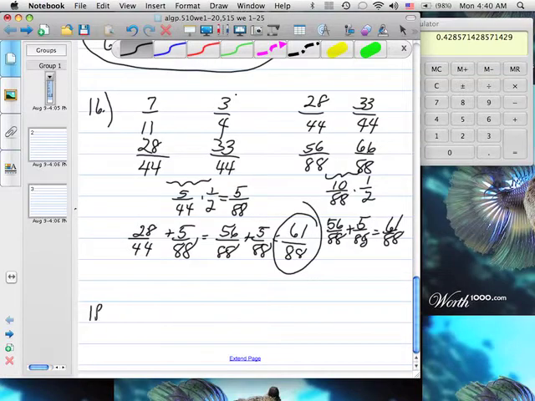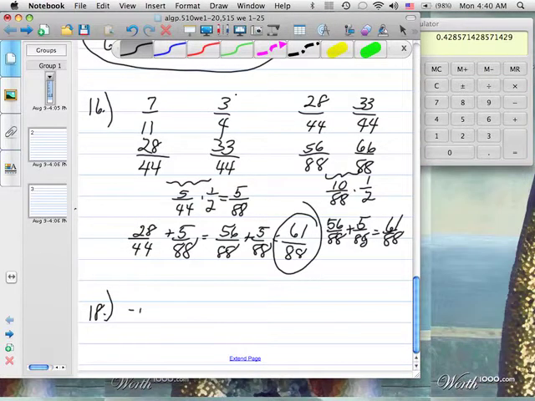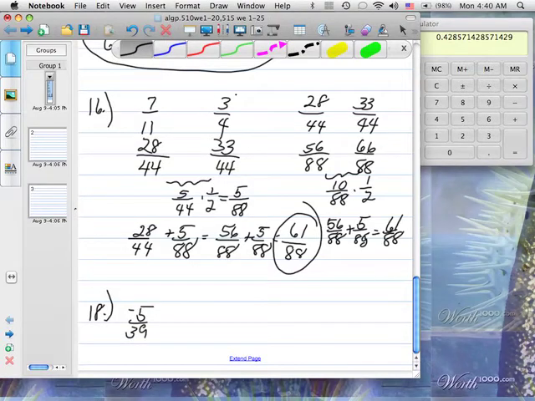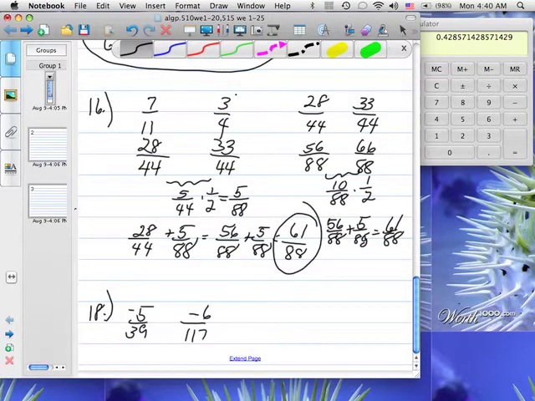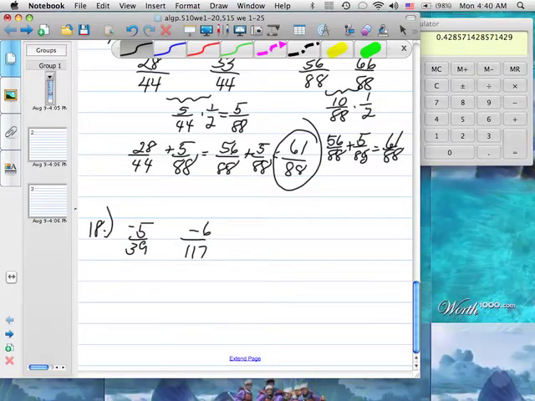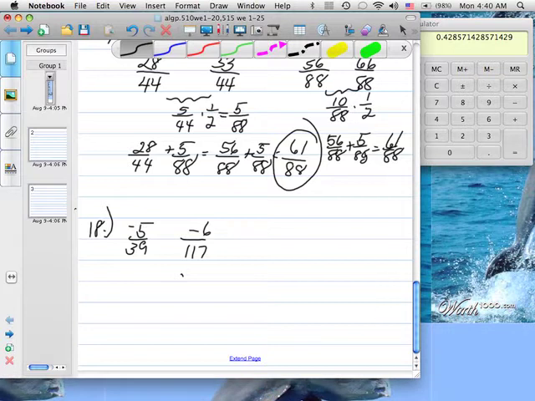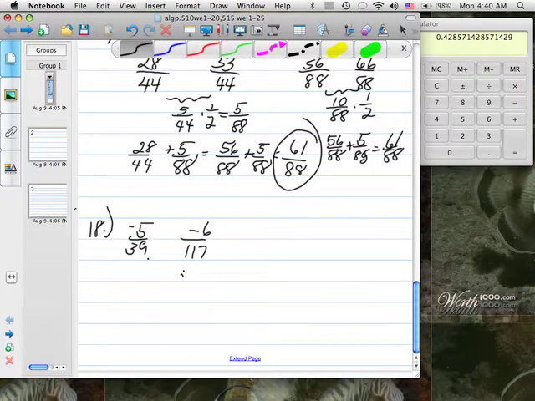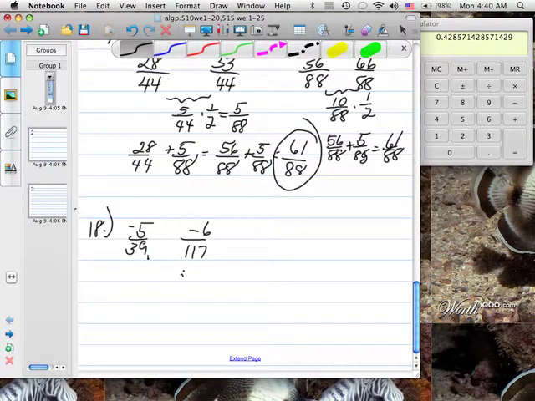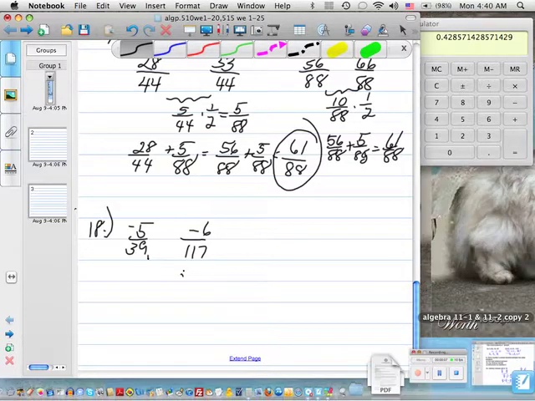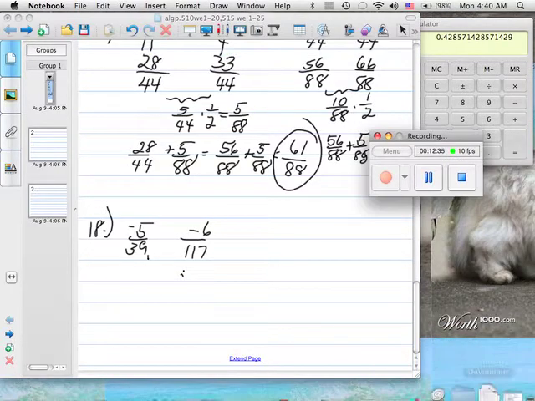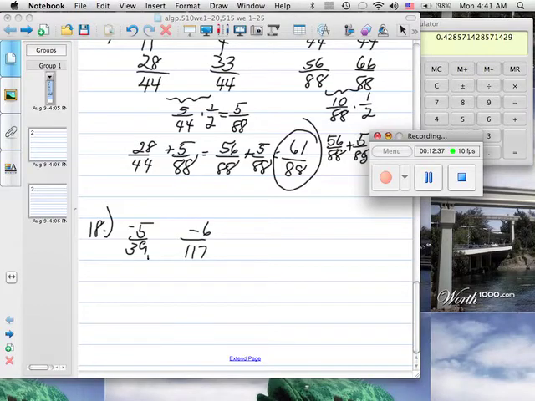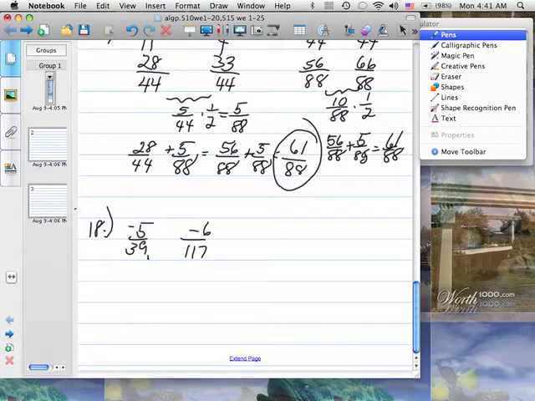Problem number 18. We have -5/39 and -6/117. We have to find the least common denominator, which would be 117.